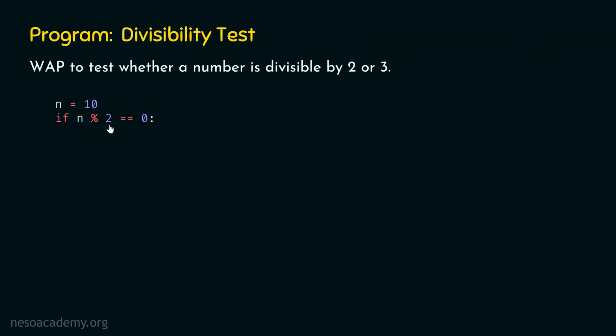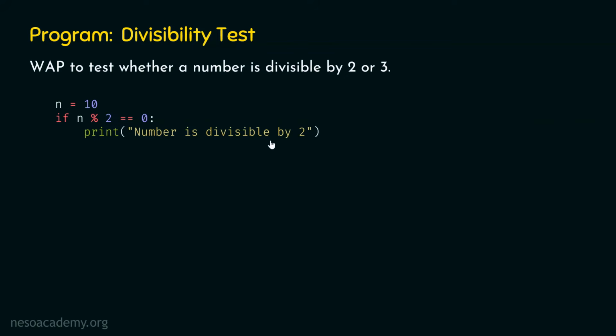If n mod 2 is equal to 0, we know that the mod operator returns the remainder and not the quotient. So when we divide n by 2, we get the remainder from the mod operator. If that remainder is equal to 0, then we are sure that n is divisible by 2. So we will print this message, number is divisible by 2.